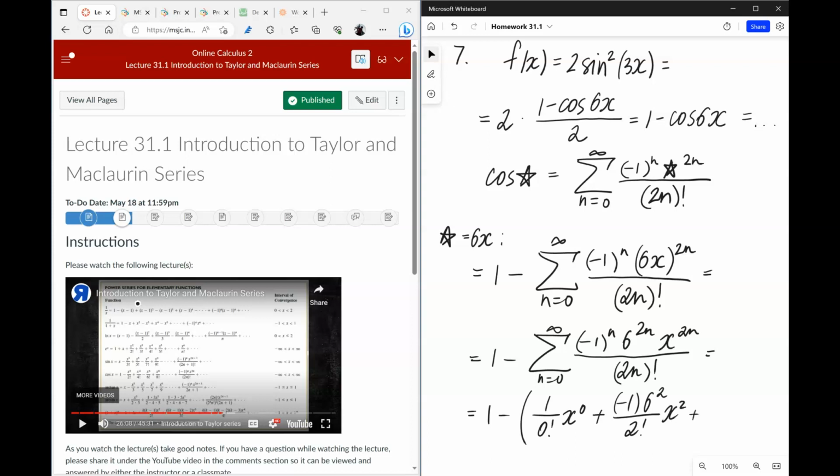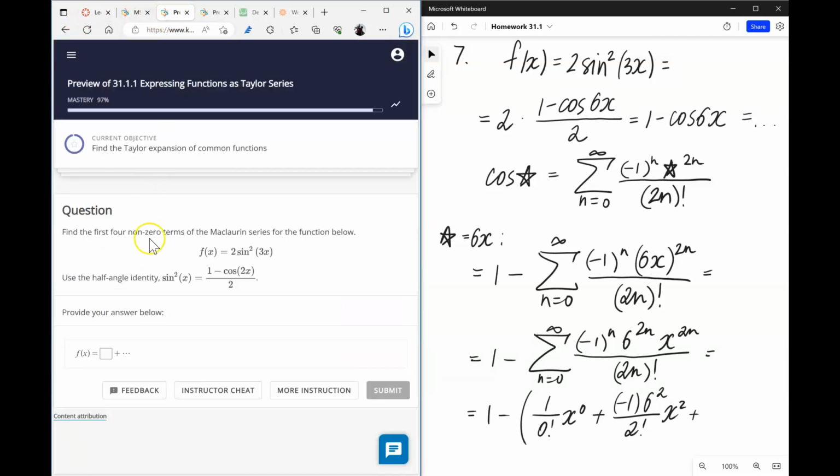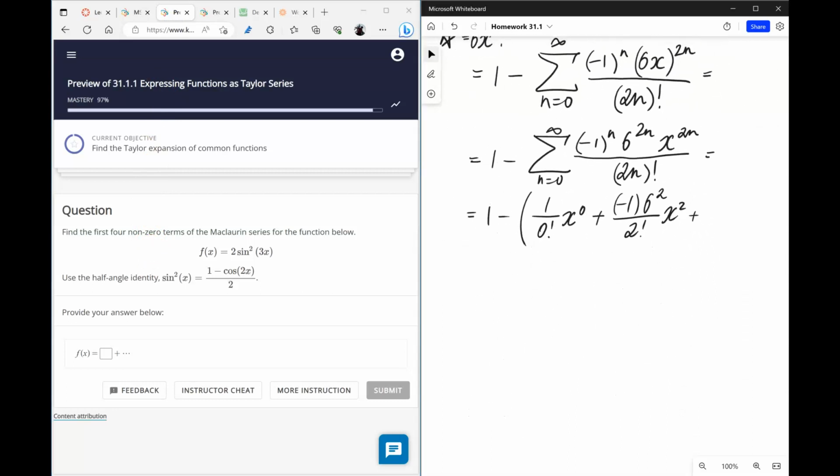When n is equal to 2, we have negative 1 to the power 2, so it just becomes positive 1, 6 to the power 4, x to the power 4 over 4 factorial, plus we have negative 1, 6 to the power 6, x to the power 6 over 6 factorial.